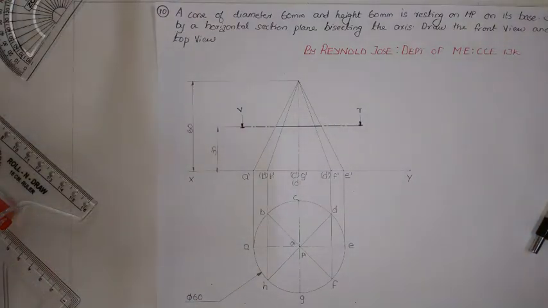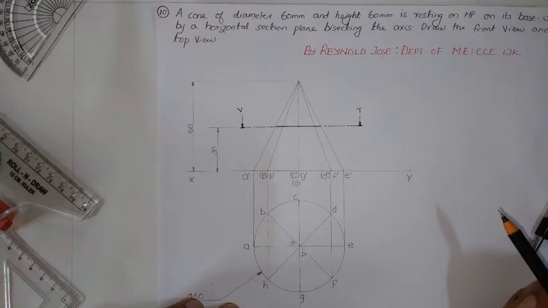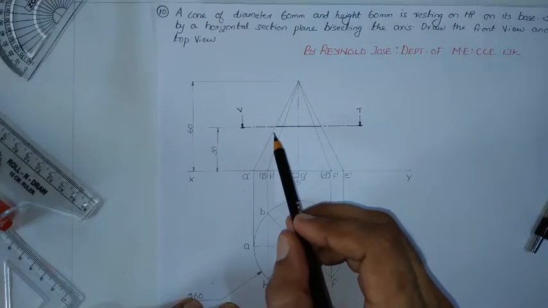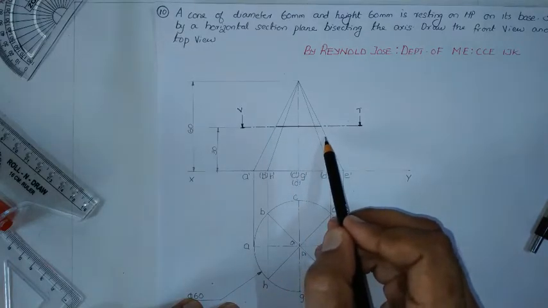Now after drawing the section plane, the next step is marking the meeting points of the section plane with the various generators of the cone. So here in the front view you can see 1, 2, 3, 4, 5 generators.